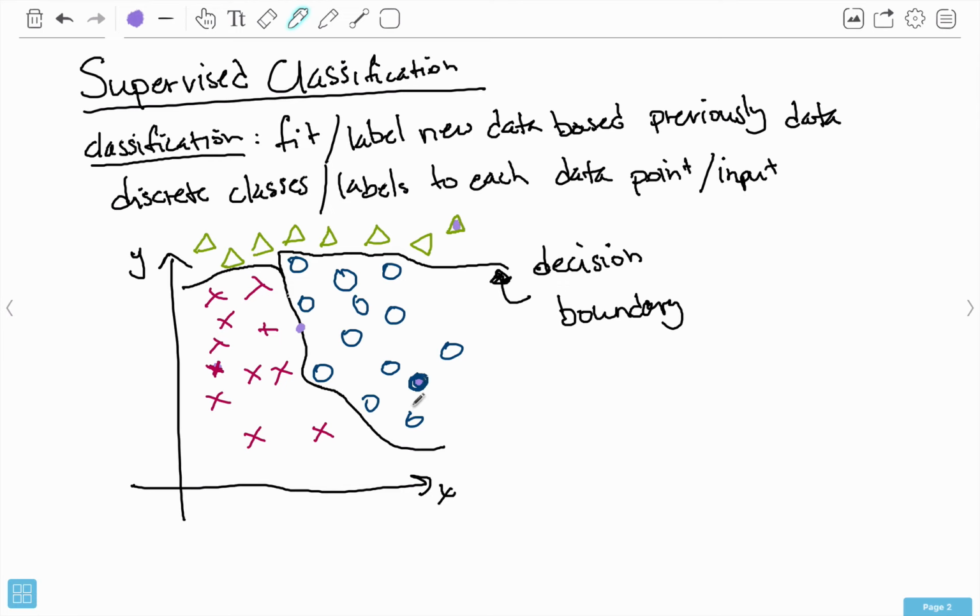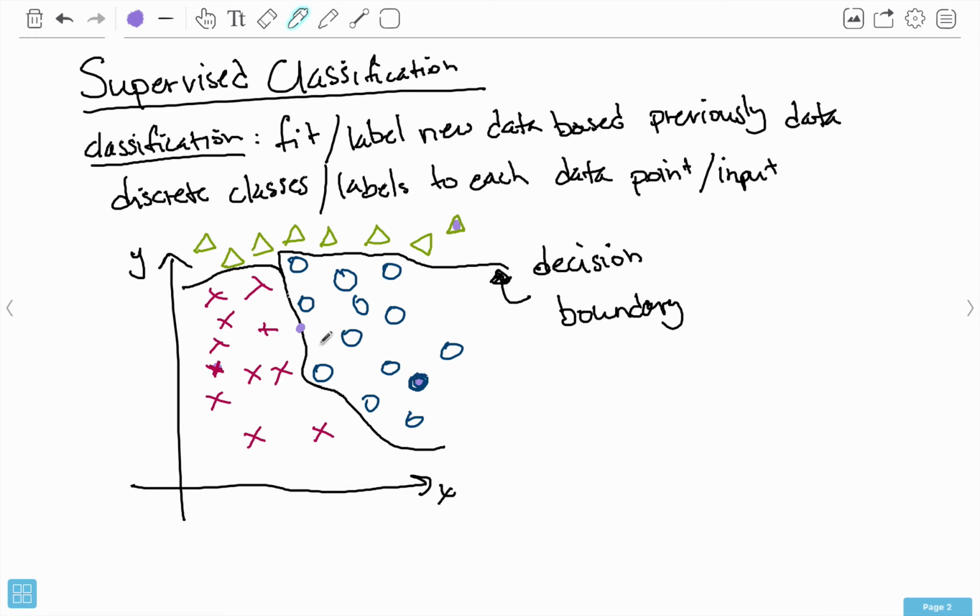And it turns out that for each of these points, there is a chance that it could have been a red X or a green triangle, but that chance was very, very low. And so we only assign it the label that has the maximum chance. It's not necessarily the case that this must be a blue circle. Instead we say this is, with high probability, a blue circle.